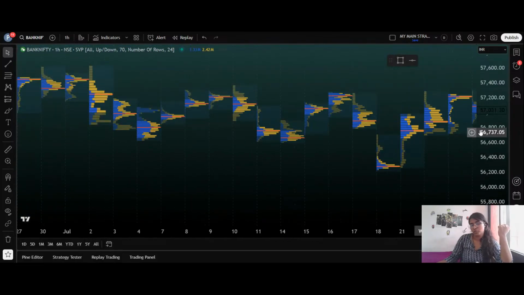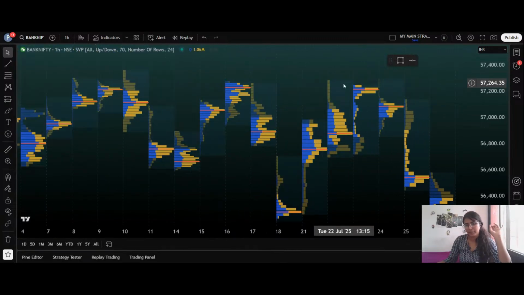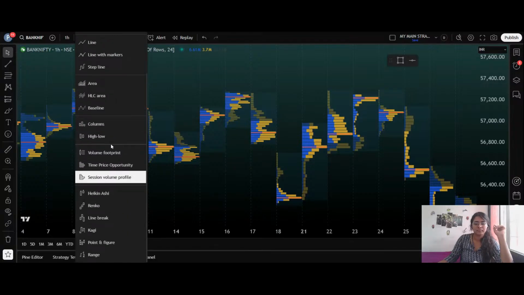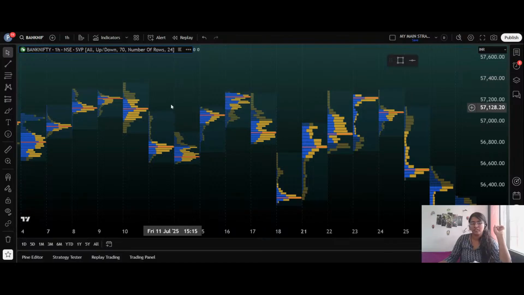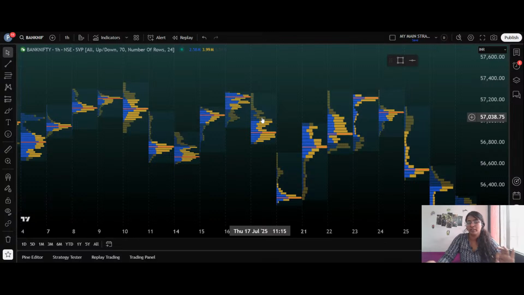This is the session volume profile candle, and the explanation and notes for this candle are very deep, and it's a very important candle. So I'm not going to cover it in this session. Firstly, we have to study the basic candlestick patterns. I will just give you a little hint of this candle and end this session.